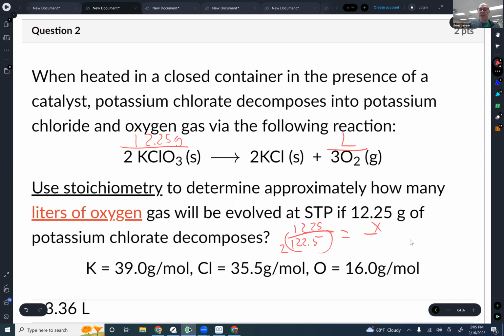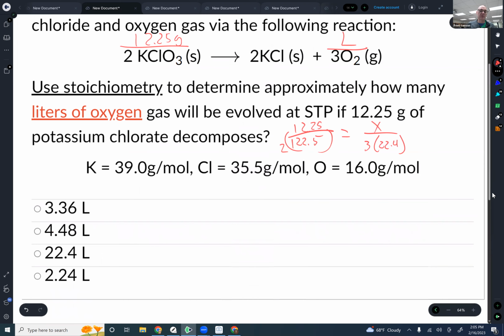This time, though, we're doing the X over 3 times 22.4. So it should make this a little easier, that if you added up your weights the first time, it gets simple with how we're solving it the second time. Divided by 2, divided by 122.5, and you should get 3.36 liters. And that's that first value right here, is what I've got as my correct answer. Okay.